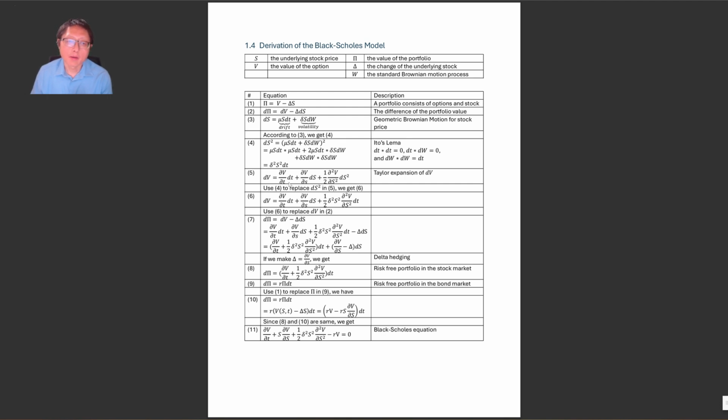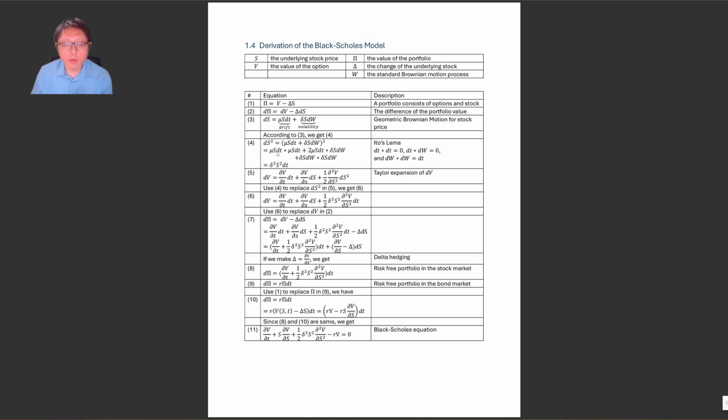So for the part related to t, we just keep the first order of the Taylor expansion. But for the second part, which relates to s, we keep the second order of the Taylor expansion. So now, according to equation 5, we know what dV looks like. We notice that in dV we have ds, and we also have ds squared.